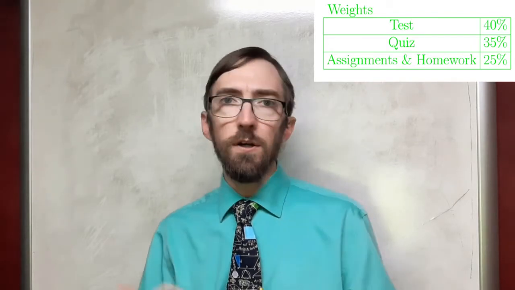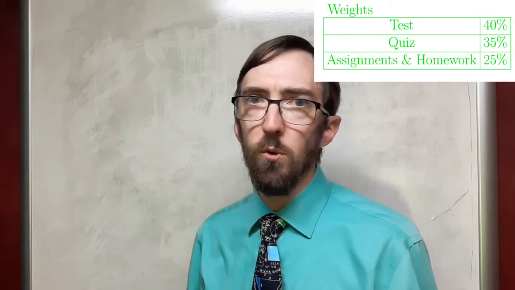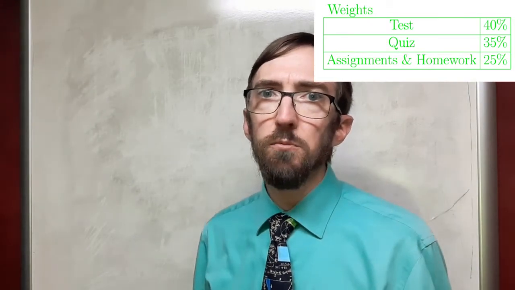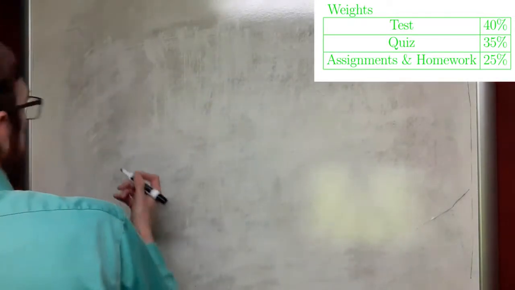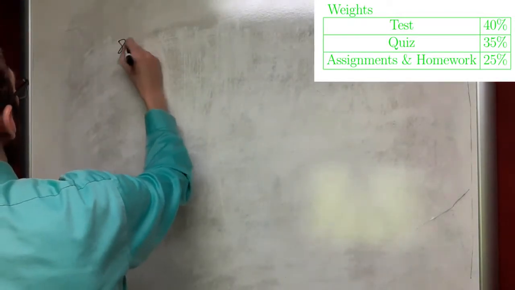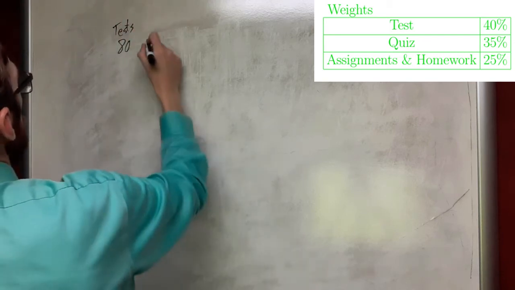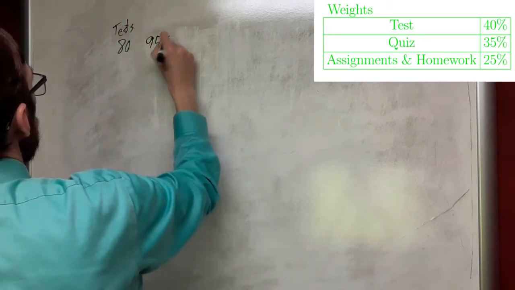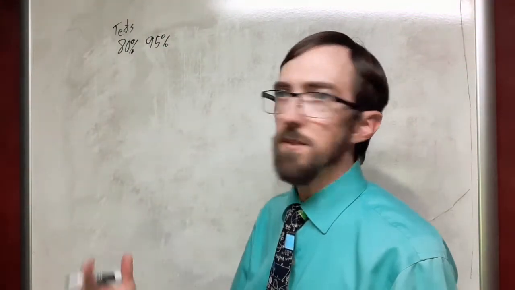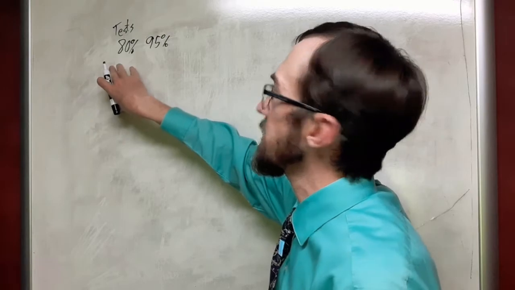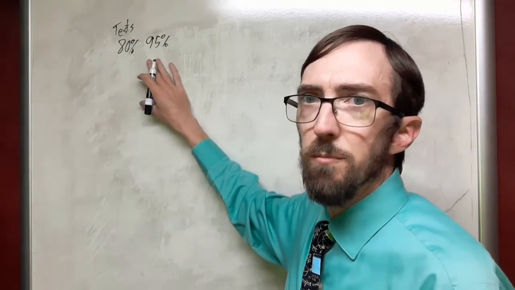Then we have to know what grades we score. So we're going to come up with some sample scores to work with. Let's say, for instance, you have two tests, 80% and 95%. Near the beginning of a semester, you take a test and you get 80%, and maybe later you get 95%.